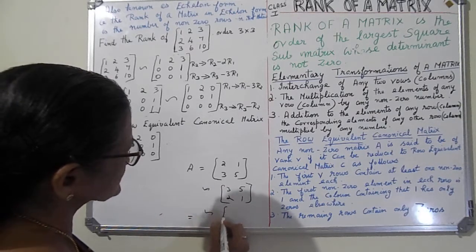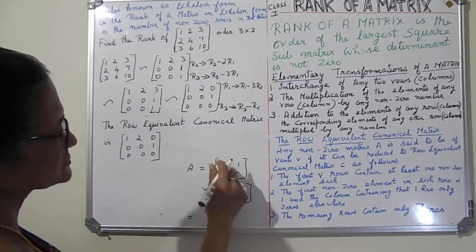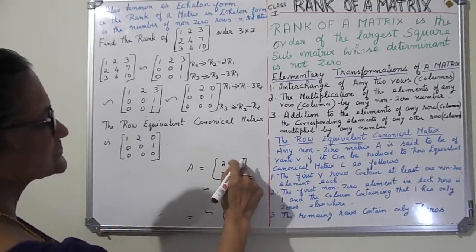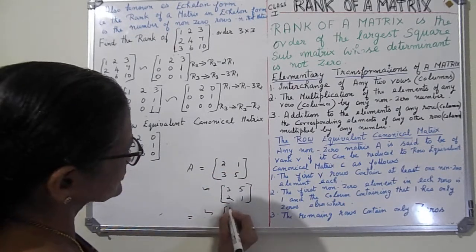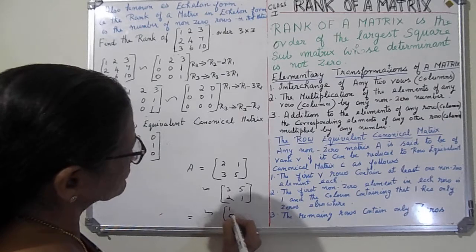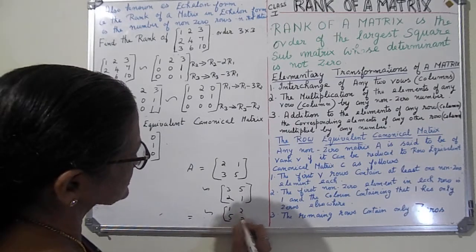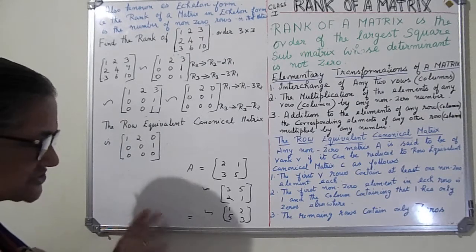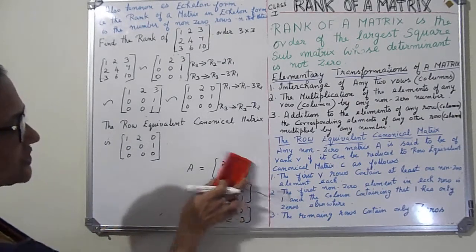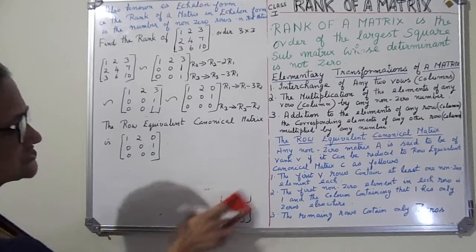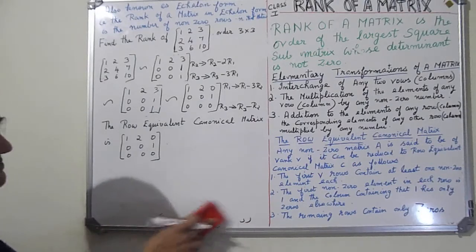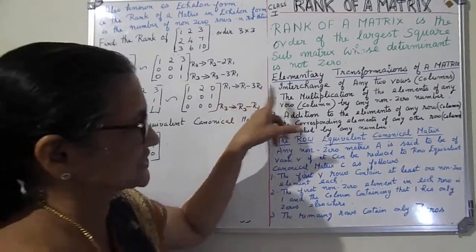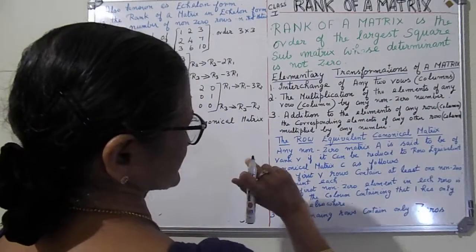What's the first column? 2, 3. Second column, 1, 5. Now I am writing like this, 1, 5, 2, 3, interchanging the 2 columns. So we can interchange either the rows or the columns of a matrix. That is the property number 1 under the elementary transformations of a matrix.